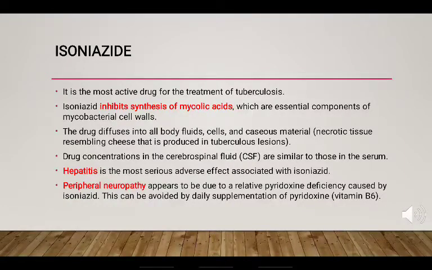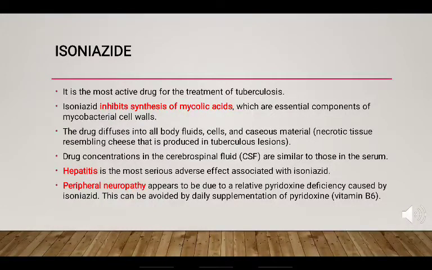So what it does basically to kill the mycobacteria is through the inhibition of the synthesis of mycolic acids, which is important for mycobacterial cell wall. So if there is no cell wall, the bacteria can't make the cell wall. That's it. It's dead.